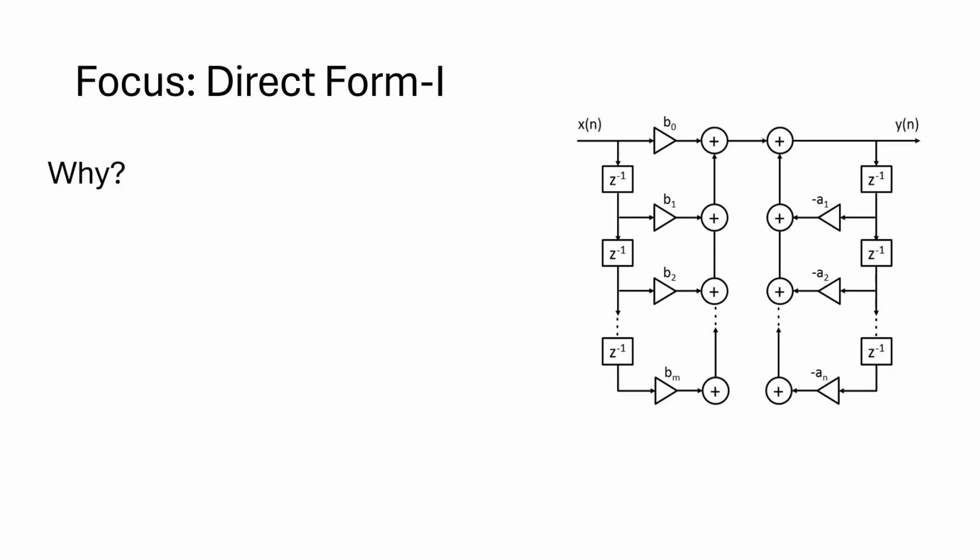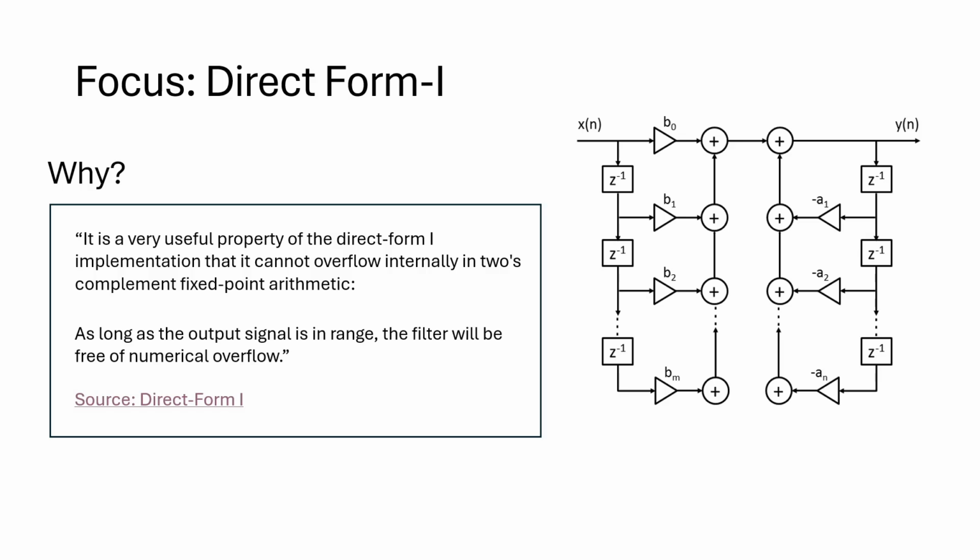Why are we going to do that? Well, here's this quote, and I'm going to link the GitHub repository of this project below. You can click on these clickable links right here. These are the sources, and I'll paraphrase this quote: when we're working with signed numbers in Verilog, they're 2's complement, and if you do multiplication and addition, sometimes you can get overflow because there's only a fixed width of number that we can store within the FPGA.